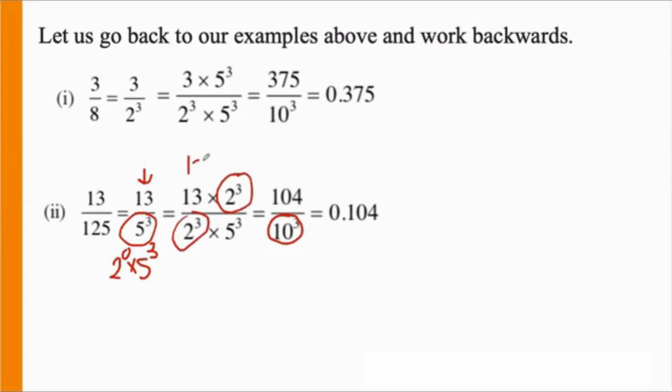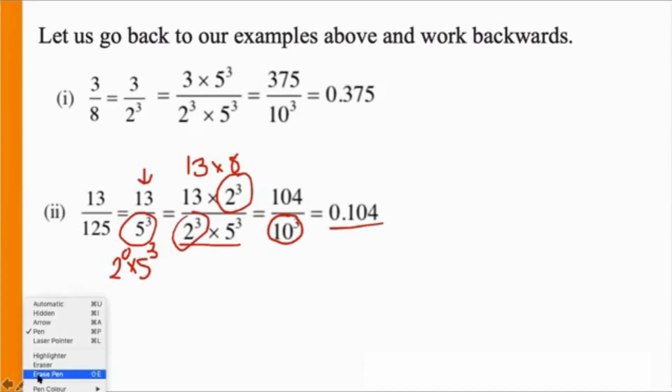So this becomes 13 into 8, which gives us 104, and this will become 10 cube. And so we have 104 upon 1000, which will give us 0.104. And as you can see, the decimal expansion is terminating.